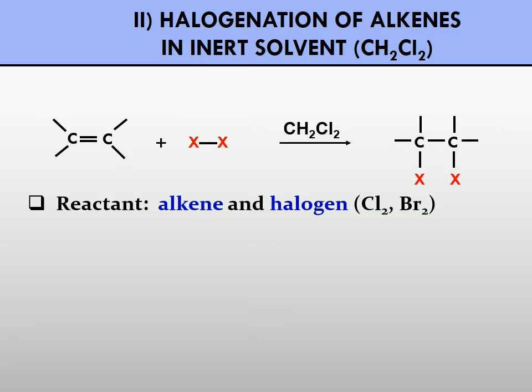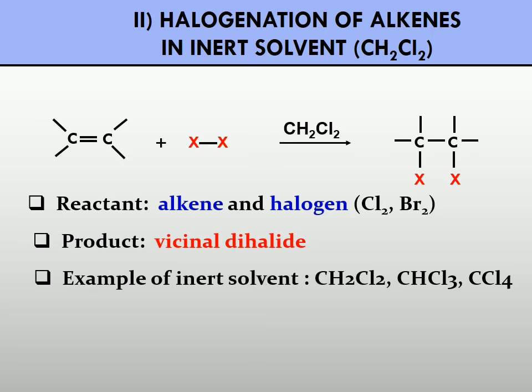The halogen normally used is chlorine and bromine. So the product is a vicinal dihalide, meaning that both the halogens are next to each other. And there are some other examples of inert solvents such as CH2Cl2, CHCl3, and CCl4.